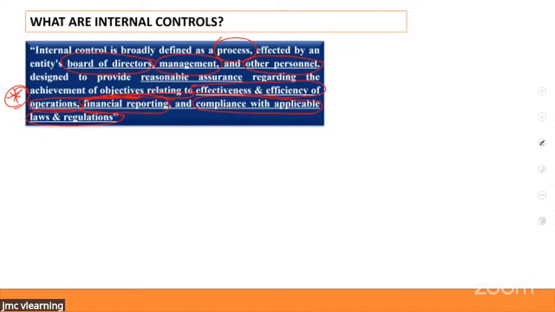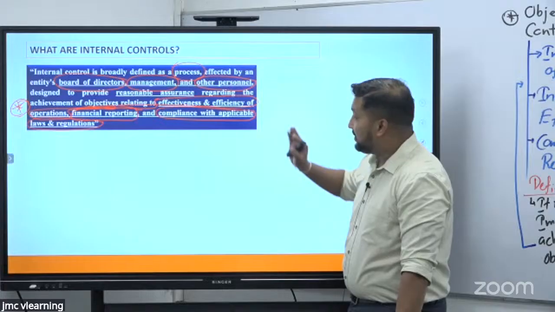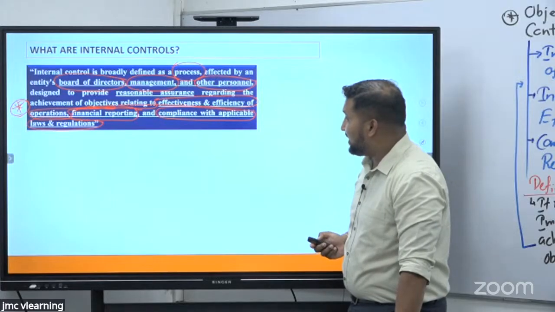Internal controls are broadly defined as a process effected by an entity's board of directors, management or other personnel, designed to provide reasonable assurance regarding the achievement of the objectives relating to effectiveness and efficiency of operations, financial reporting and compliance with applicable laws and regulations. This is one definition. So we'll go to another definition.